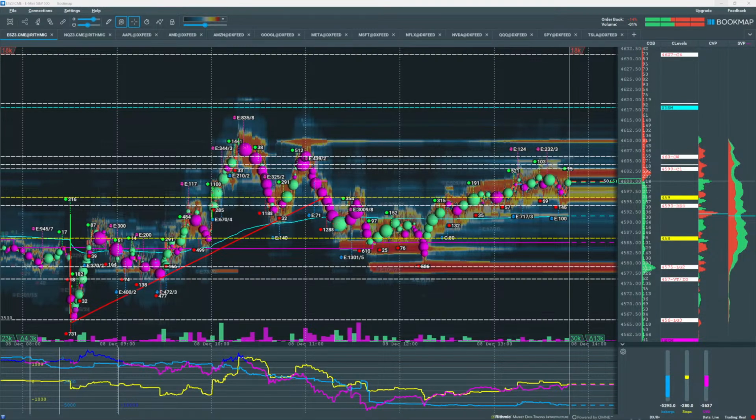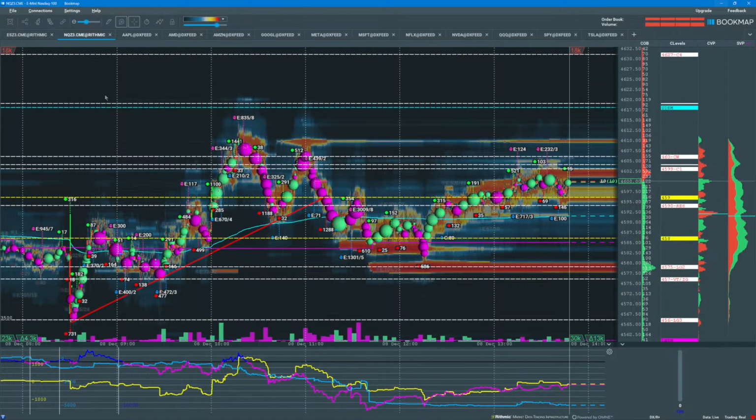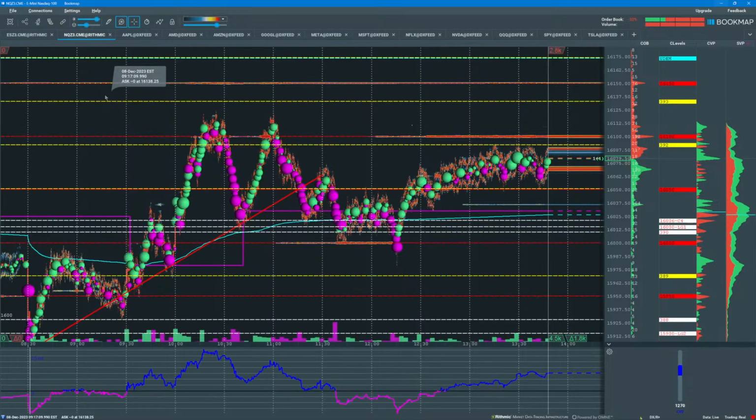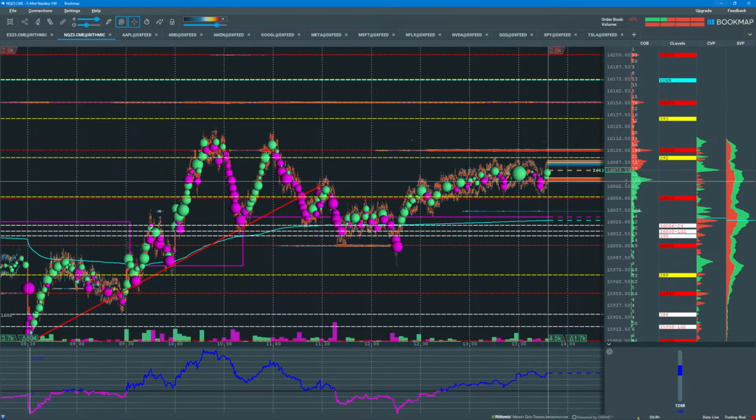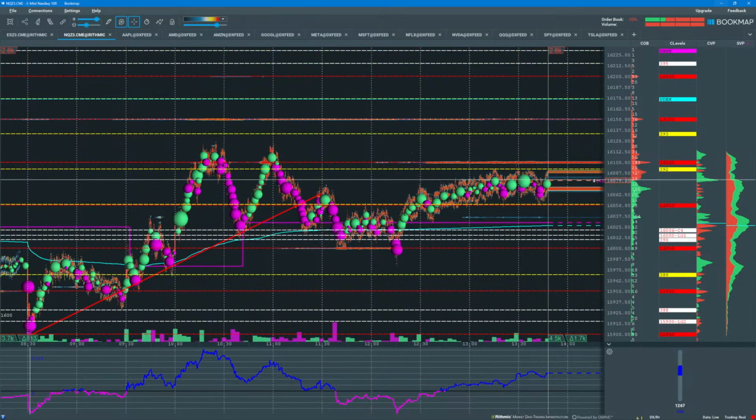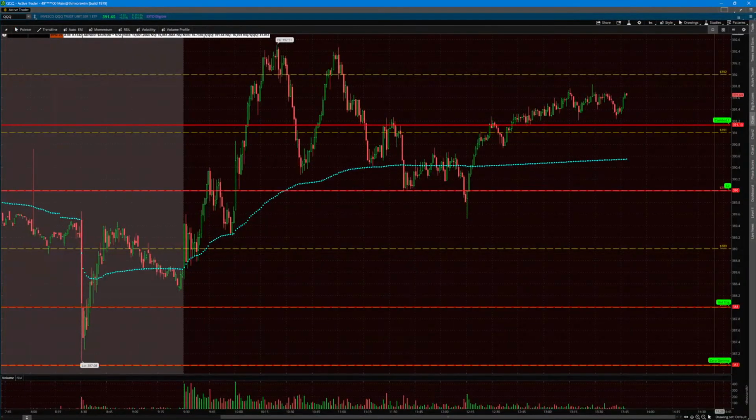All right, let's take a look at NASDAQ now. This is the NQ Futures in Bookmap. And before I take a closer look at this chart, I want to take a look at a QQQ chart just so we can isolate the QQQ levels in play for today.